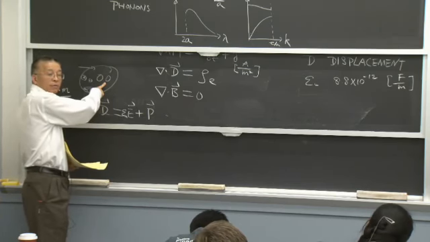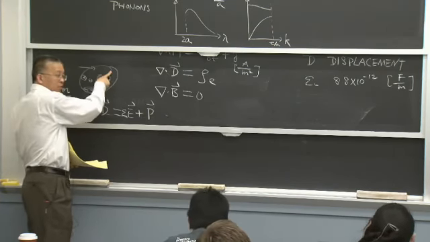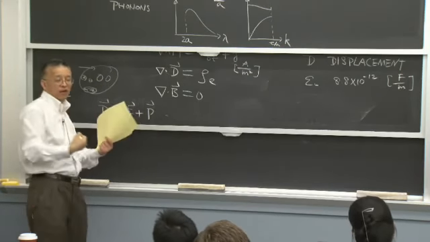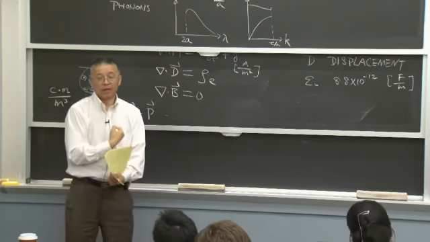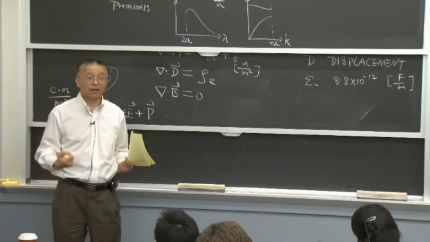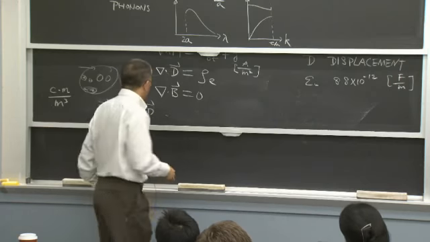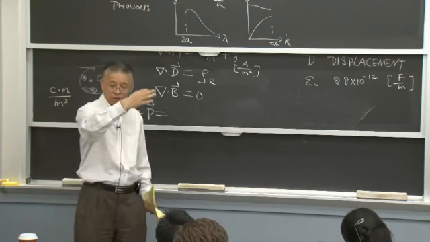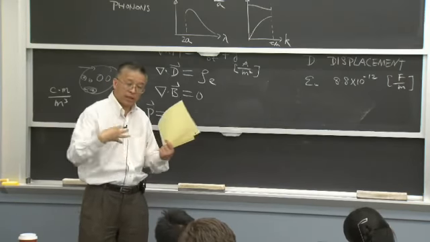You have adjacent atoms. And not only the outside field, but also the local field, the dipole itself, will affect the atom itself. So it's actually a summation of all these effects. And this one is a non-movable charge, the charge attached to the atom.